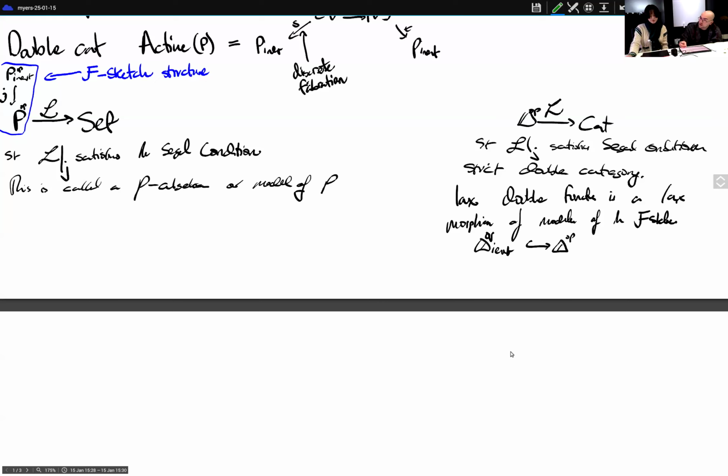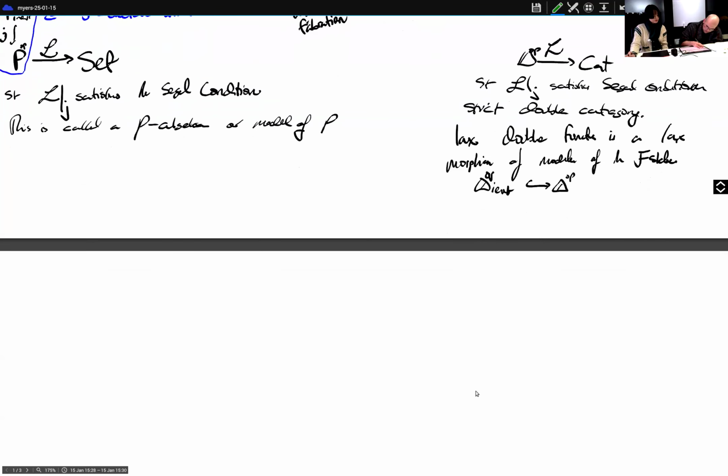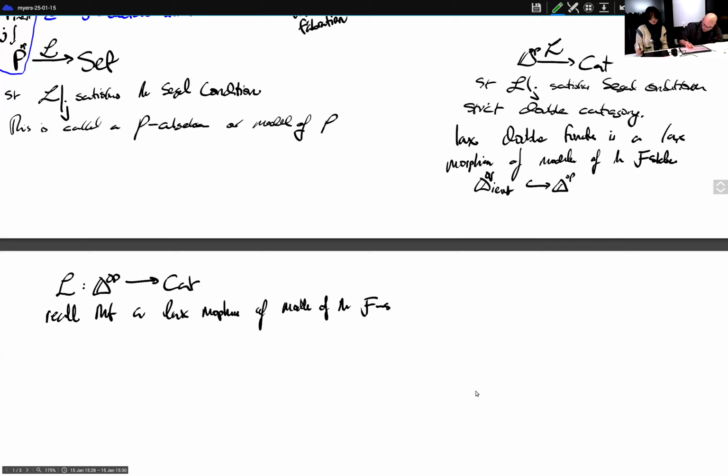A natural transformation, so if L goes from Delta op to Cat, so recall that a lax morphism of models of the F sketch, or of just F functors, is a lax transformation, let's call it L to M, phi, which is strict on inerts.